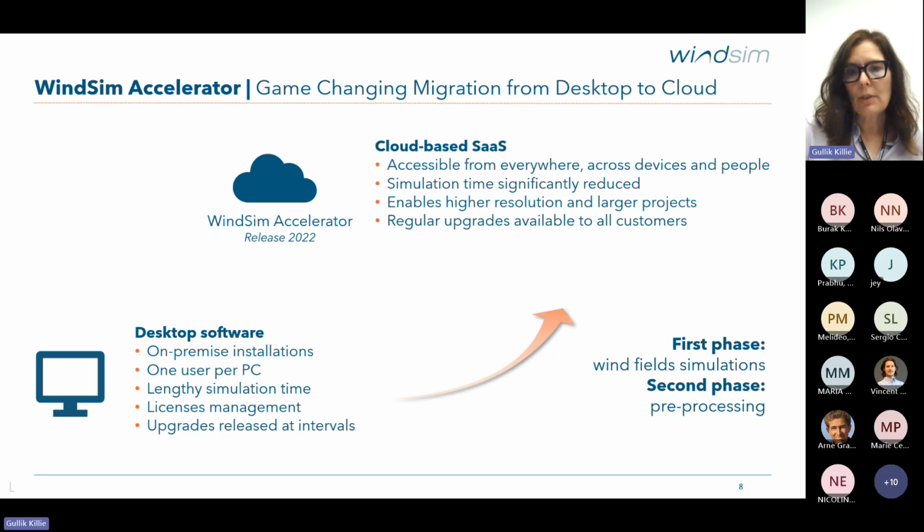The first phase, and we launched Accelerator back in April 2022, so it's a bit more than 2 years now. And this release is the 6th major one, and there's been several smaller ones as well. First phase was about wind fields. And now, as I said, we are expanding the coverage of the workflow so that we also cover pre-processing.